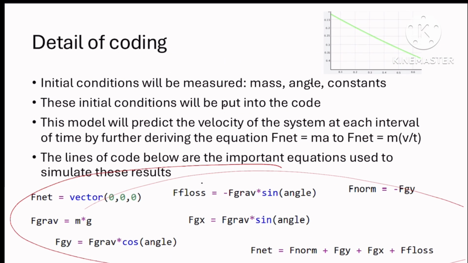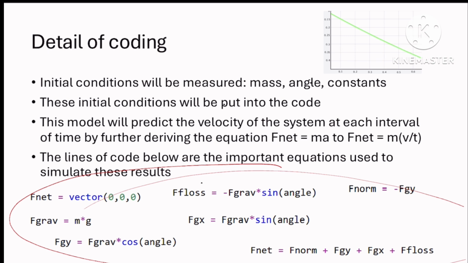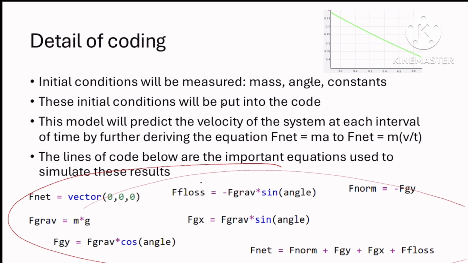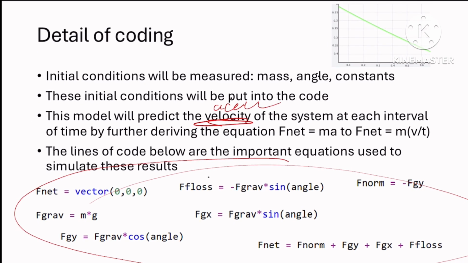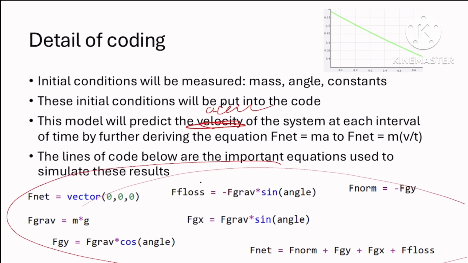But you can see that it's a very linear slope, very constant, and I believe this shows the position over time, so it shows that velocity is very constant. And yeah, so we will predict velocity, or not predict velocity, sorry, we will predict acceleration.